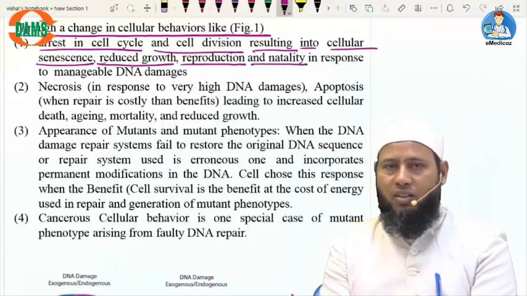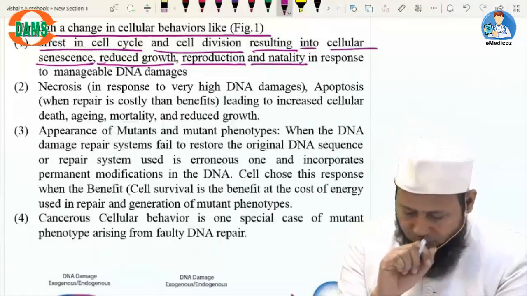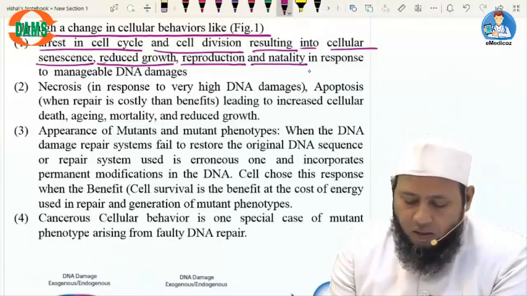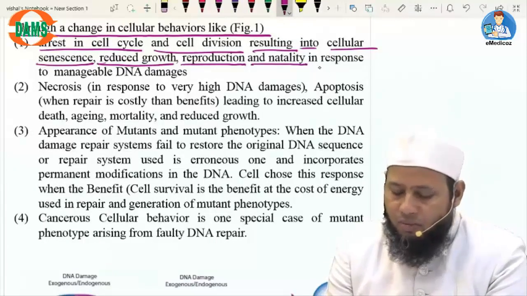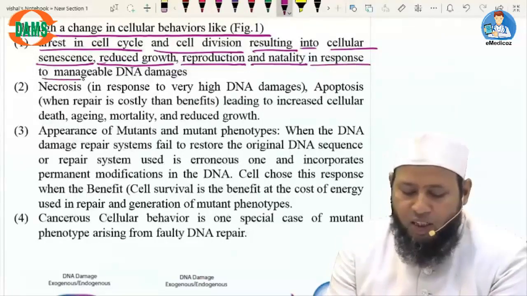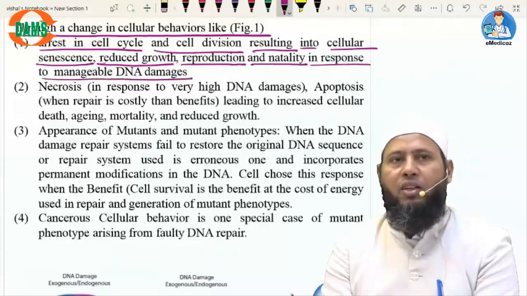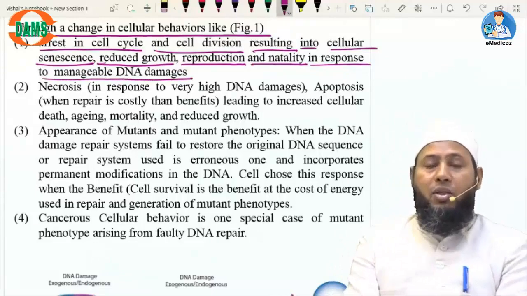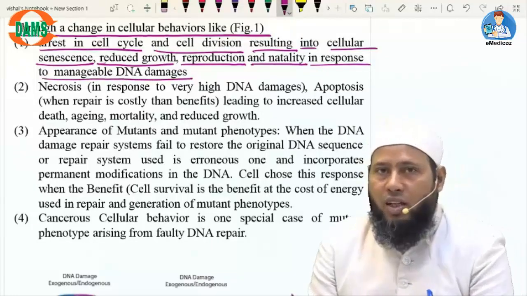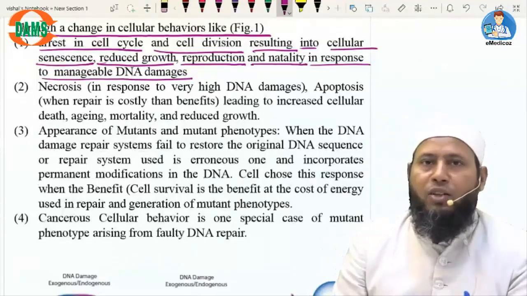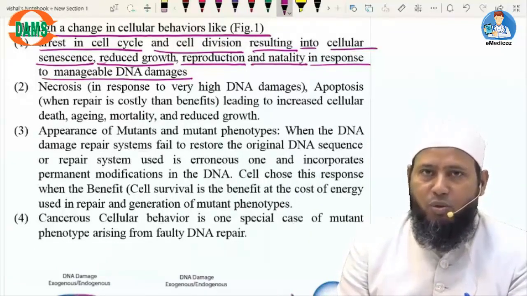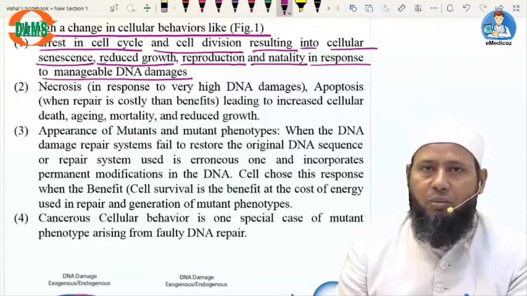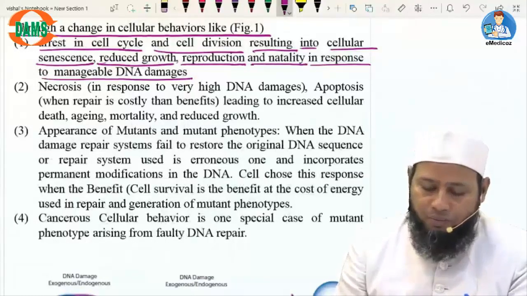Natality means the birth rate. All these things will happen in response to manageable DNA damages. When the DNA damage is manageable, the cell can repair it, manage it, remove all those damages, then be healthy and survive.